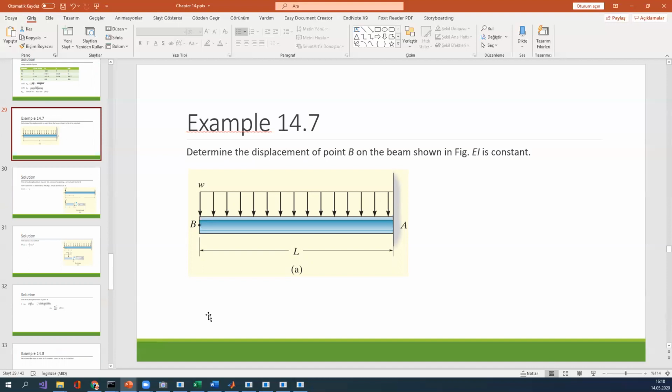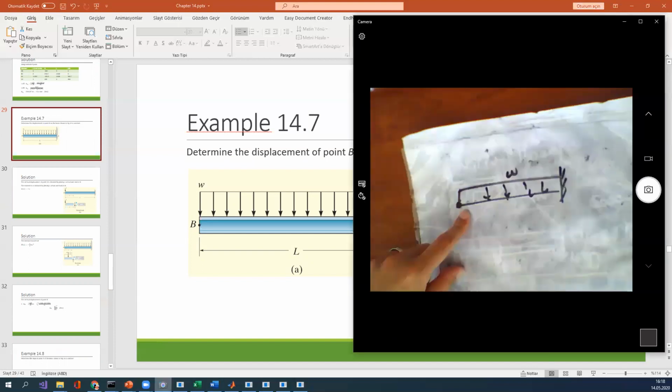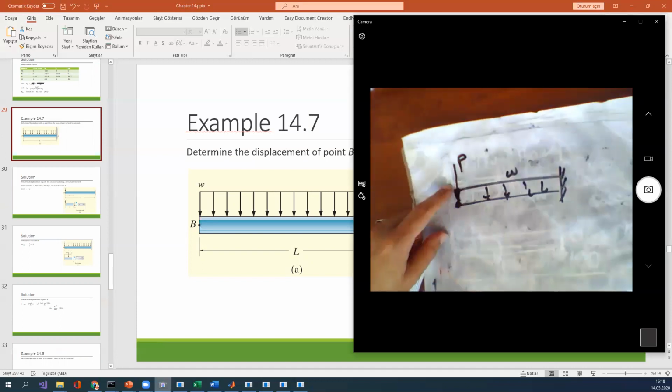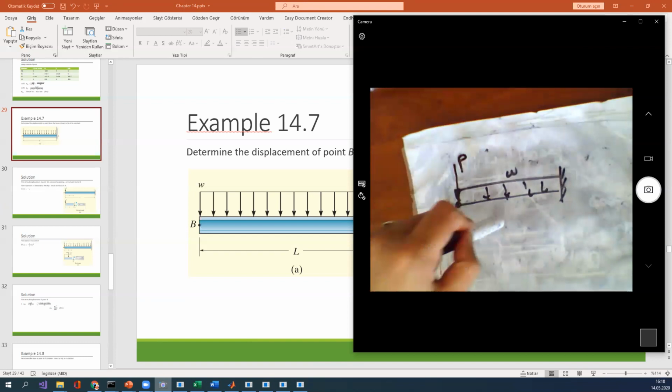They want the vertical displacement at point B. Therefore, I put a P load in here, but we don't know the value of P. So I want to find the normal and moment diagram with respect to this term.